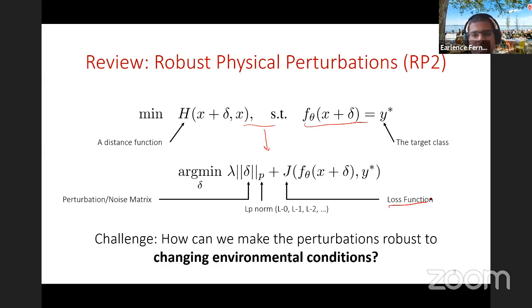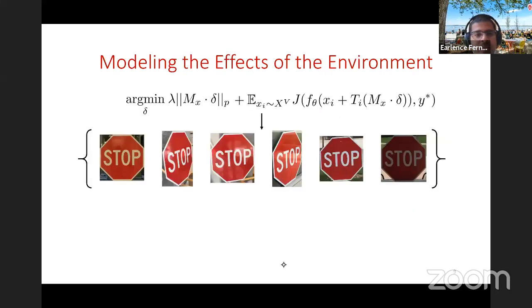One of the big challenges in these physical attacks, independently of classifiers or detectors, is to make them robust to changing environmental conditions. One of the primary ideas in the work was that, when you're training the attack, you want to model ahead of time the effects of the environment on the perturbation delta.